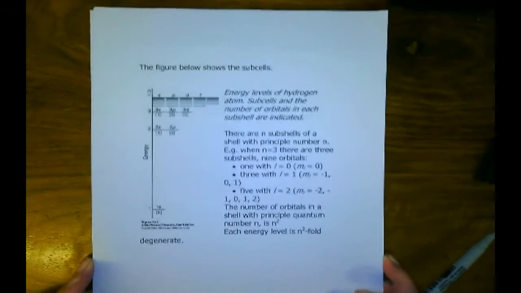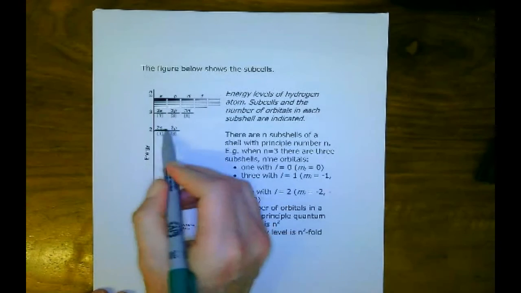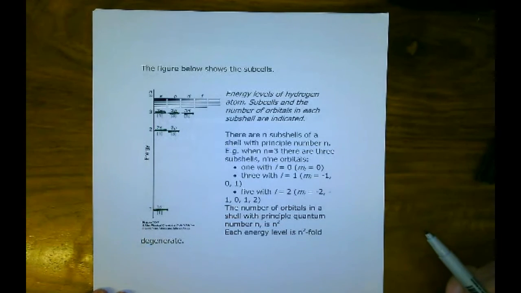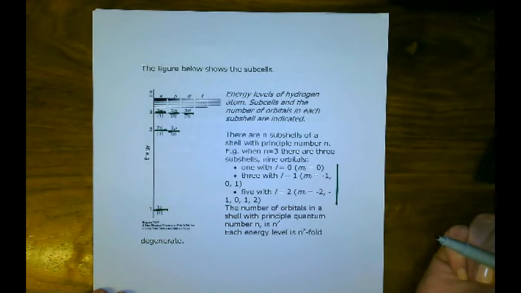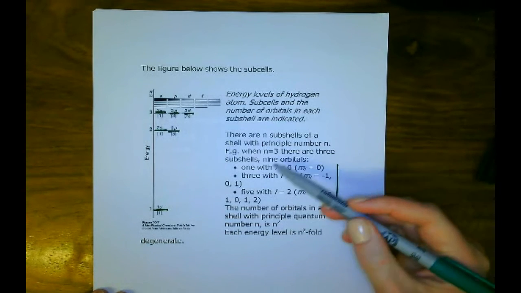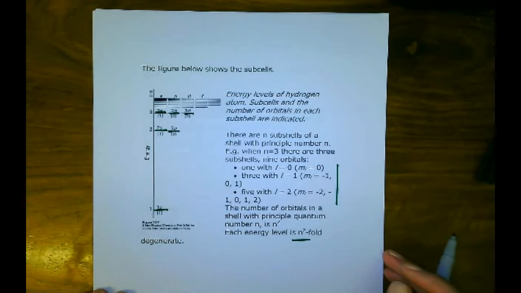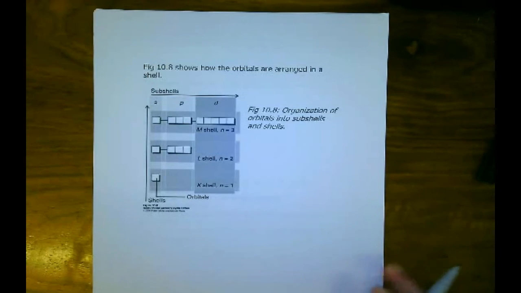So if you were to plot the energies, there's the 1s orbital; 2s and 2p have the same energies; 3s, 3p, 3d all have the same energies. You can also look at the number of orbitals. Each energy level is n squared fold degenerate, which tells you the number of orbitals in that level.